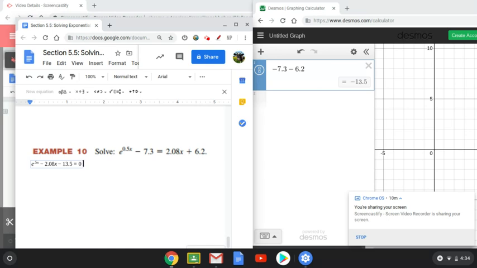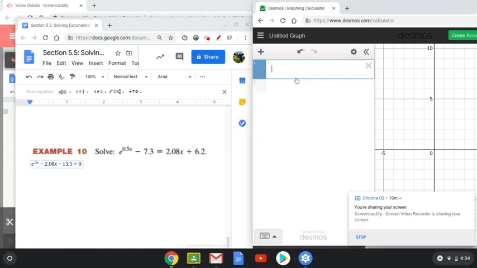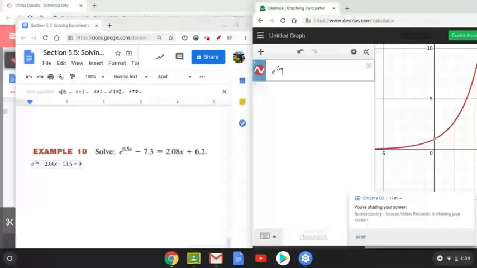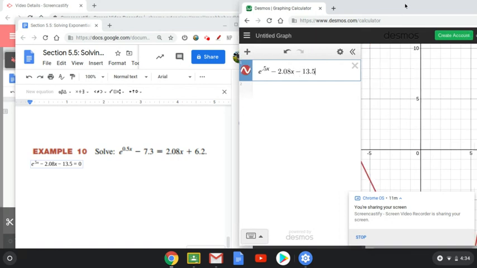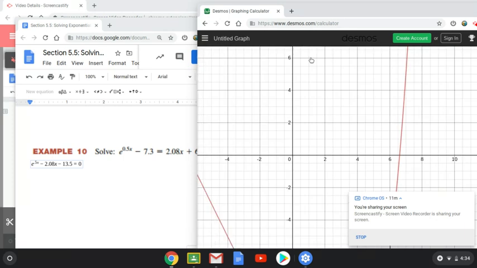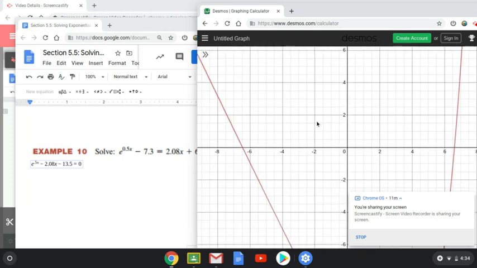I'm going to go ahead and set that equal to 0. And just like example 5 in the last set of notes, the easiest way to solve this equation is not by hand. It's to graph it and find where it intersects 0. So I go to Desmos, I type in e to the 0.5x minus 2.08x minus 13.5. And I'm going to look and see where this intersects 0. And it looks like it does twice.